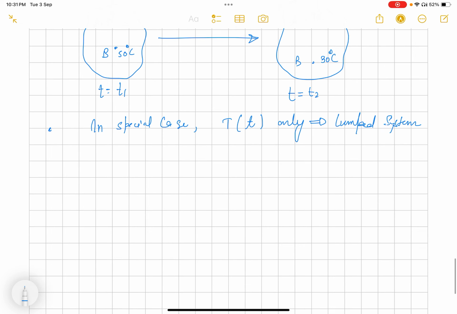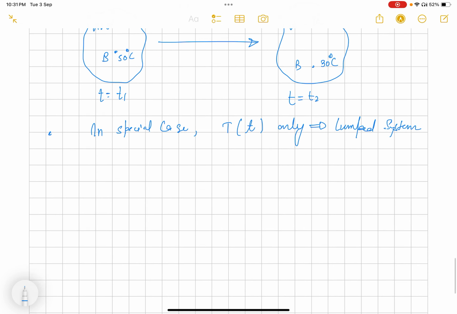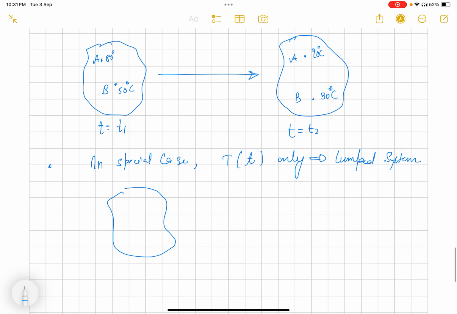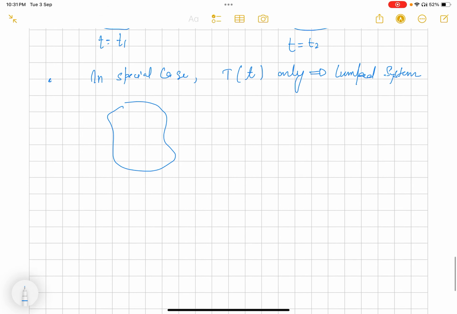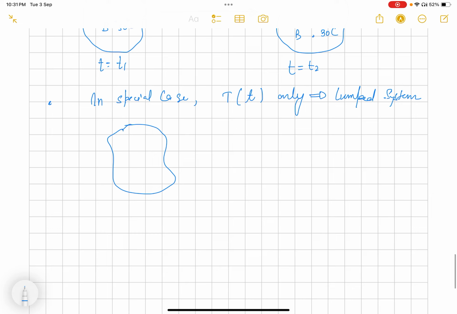Lumped system. So in that case, we can specify a particular temperature of a body at a particular time. So let's say the same body as we have mentioned above. The size of the body, thermal conductivity and properties of the body is such that there is no variation of temperature with respect to position inside the body. So A, B, all positions have, let's say, the same temperature at t equal to T1.